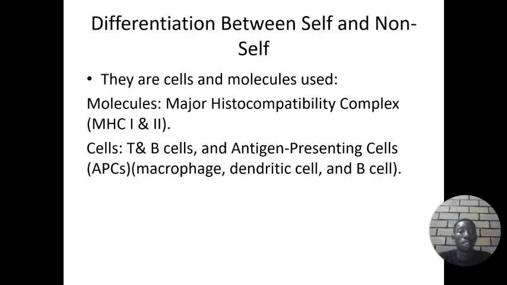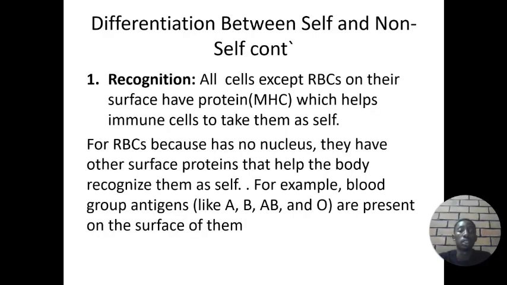The cells are T and B cells and the antigen presenting cell. I'm going to tell you how those molecules and cells are used by our immune cells to differentiate self and non-self.